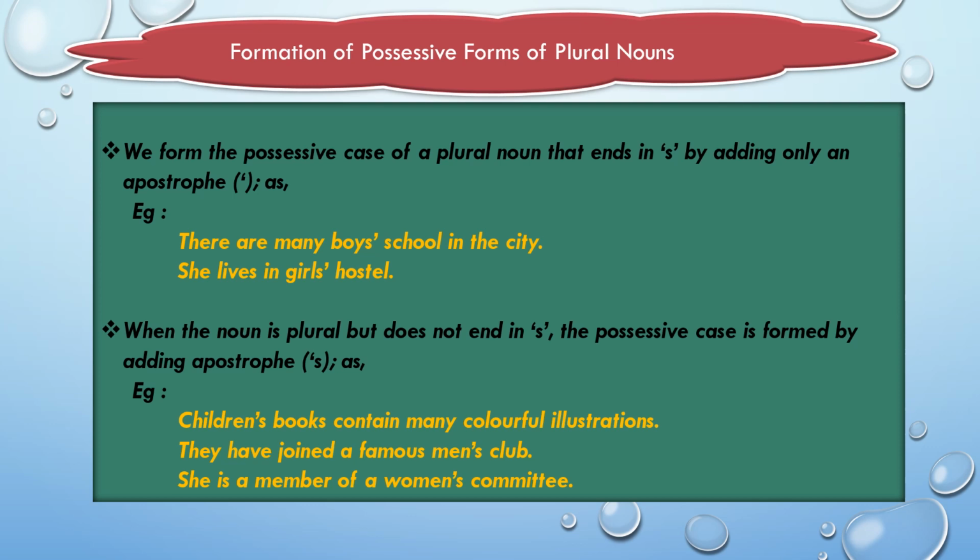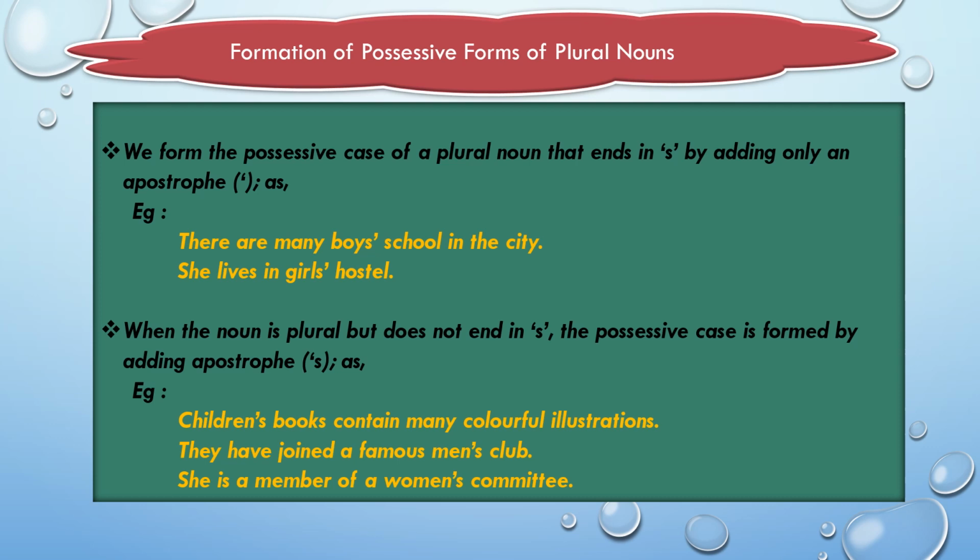Another example, they have joined a famous men's club. Men is the plural form of the noun man. So, apostrophe s will be added because it does not end in s. Let's take one more example. She is a member of a women's committee.